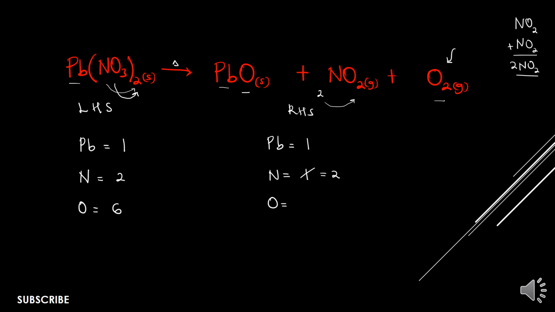We have the 1 from lead oxide, we have the 4 from nitrogen dioxide, and we have the 2 from our oxygen molecule. So we want the oxygen atoms to be 6 or to be equal to 7, but because I want to use this oxygen molecule as my basis to balance with my fraction, I'll have to ensure that I have 1 plus 4, that is 5.